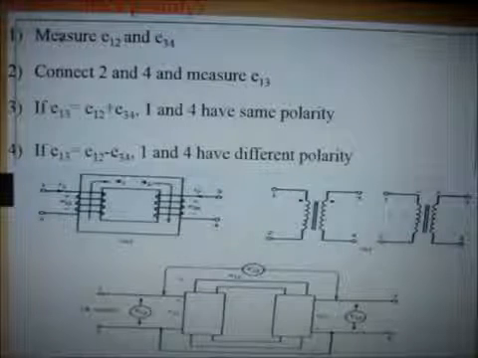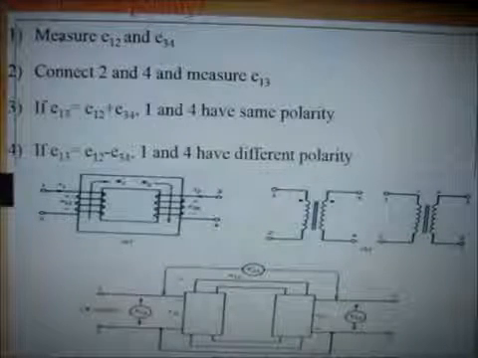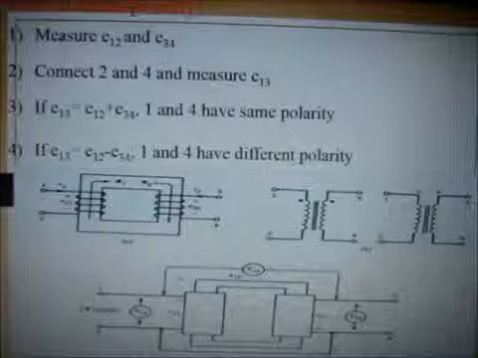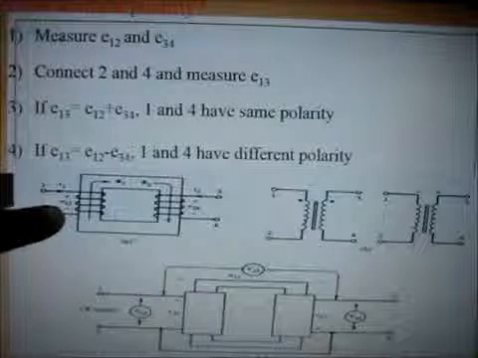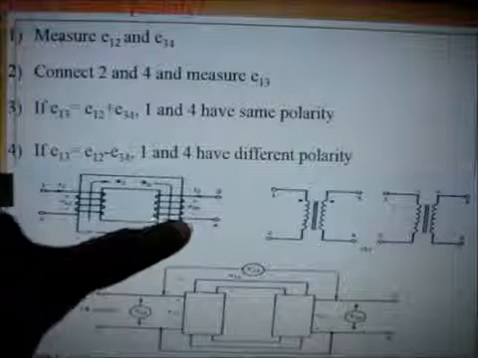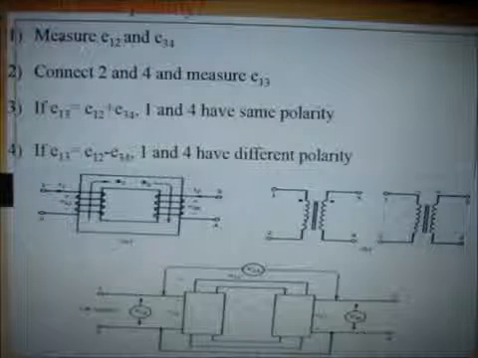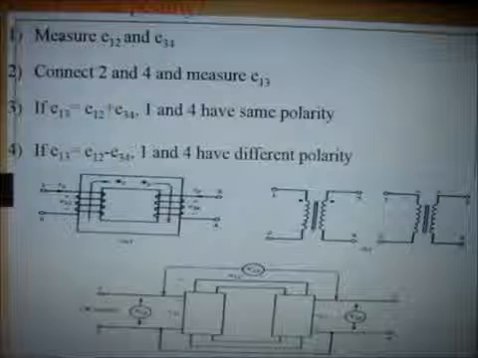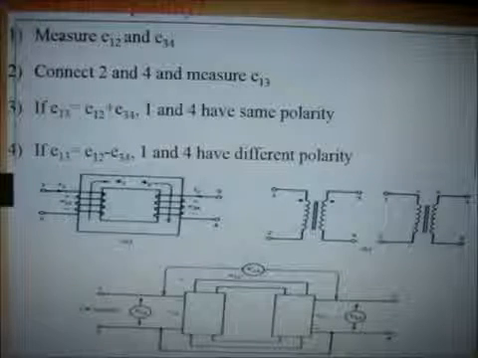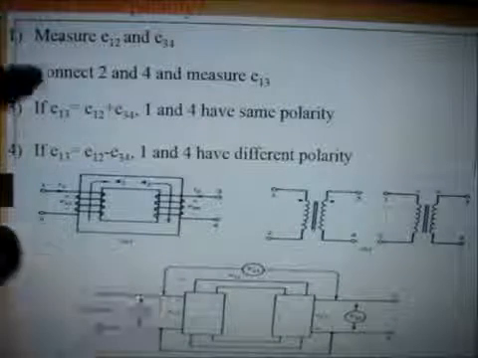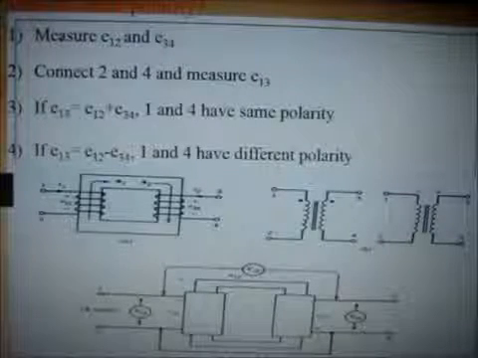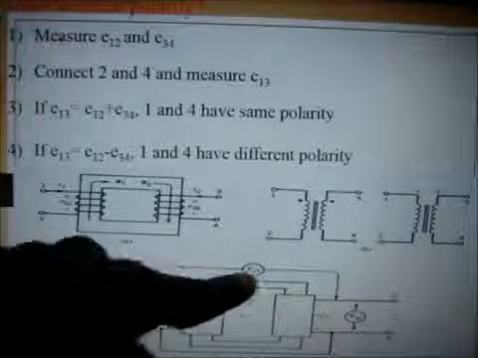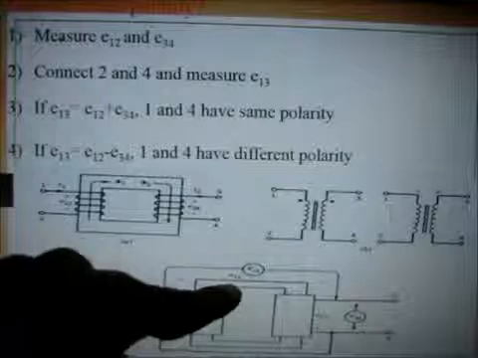Now how to check the polarity? Measure E12 and E34 as shown here. This is E12, the EMF induced in the first coil, and E34, the EMF induced in the secondary coil. Connect 2 and 4. We have to connect 2 and 4 and measure E13, and we can measure it by a voltmeter.